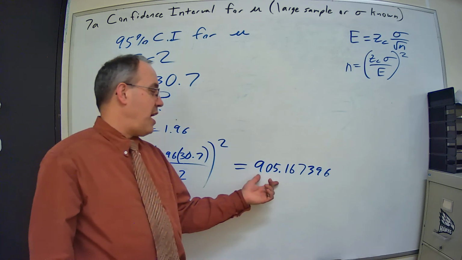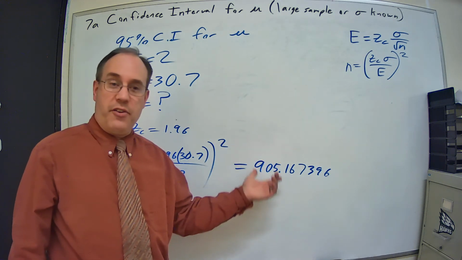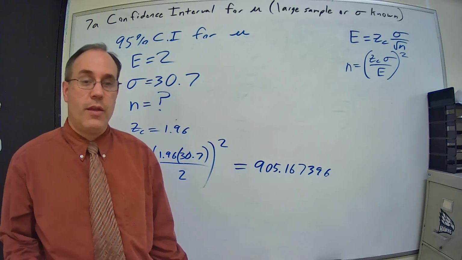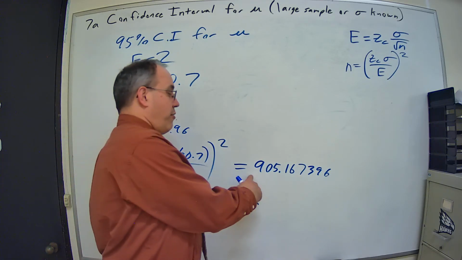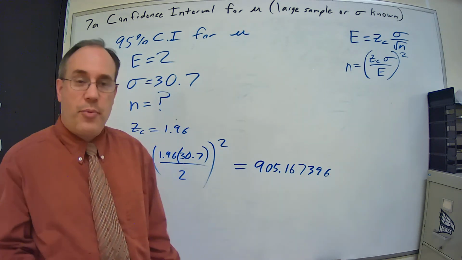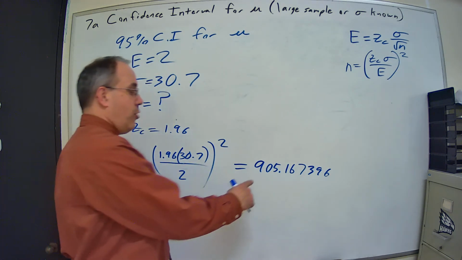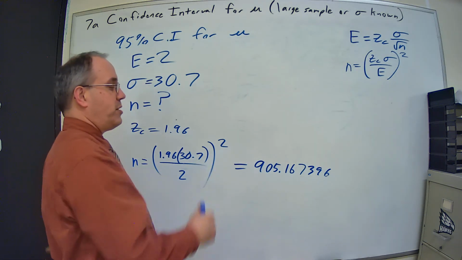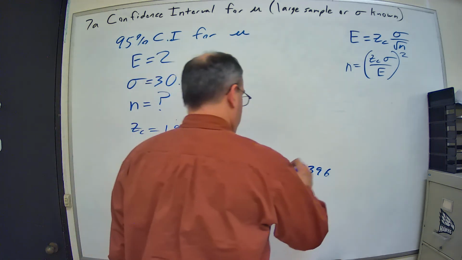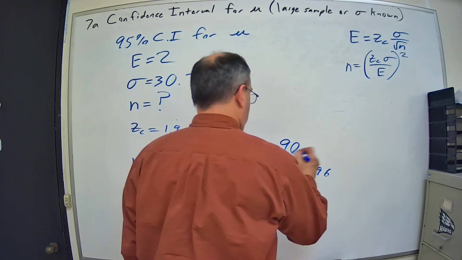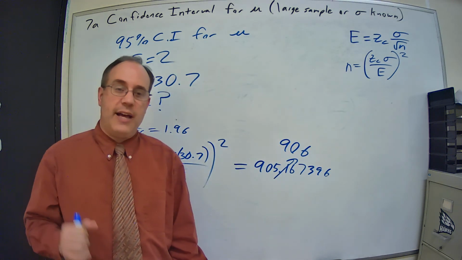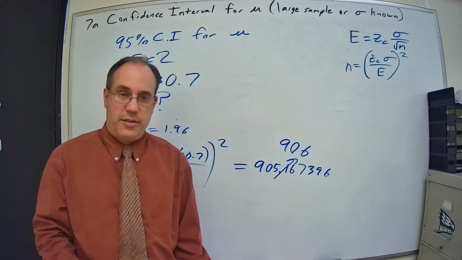So it's either going to be 905 or 906, depending on how we round it. When we are finding the minimum sample size necessary, we will always round up. So this 905.167396 is going to turn into 906. So our minimum sample size would be 906.